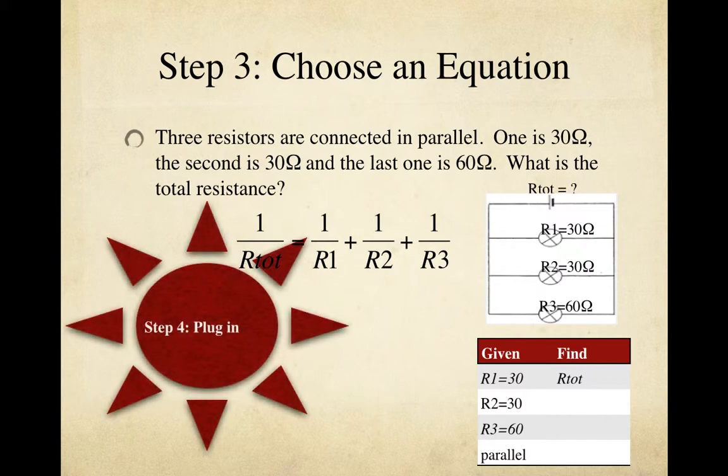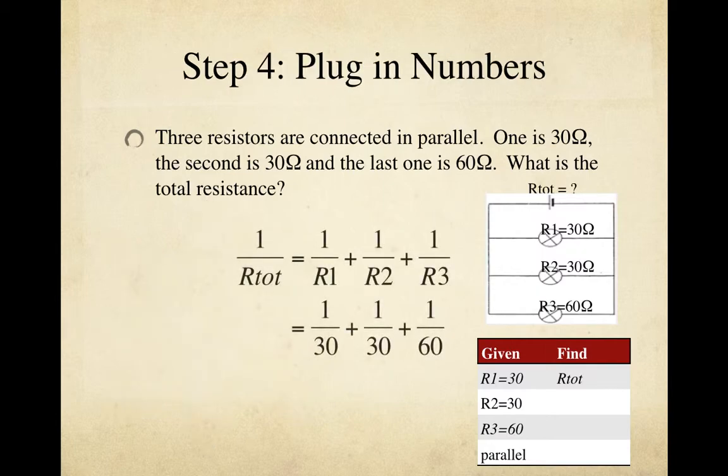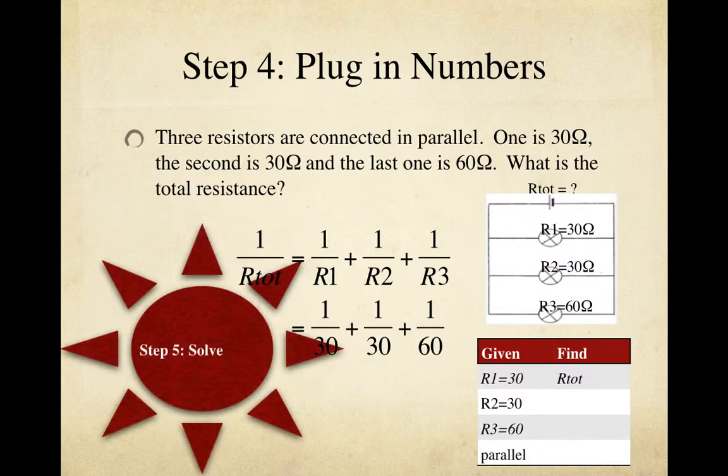What's next? Oh, next on the list we've got to plug in those numbers. So look at the table, look at the equation, and here you go. We've got our equation and now we've plugged in the numbers. Now what's the last part of the problem? Solving. Now this equation is a little more complicated to solve than the series equation, so let's go through it fairly carefully.